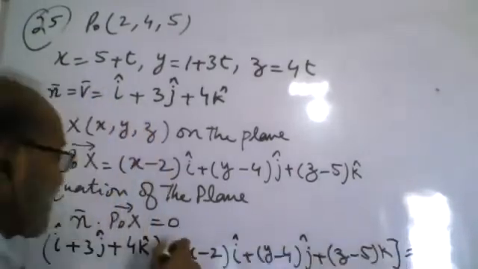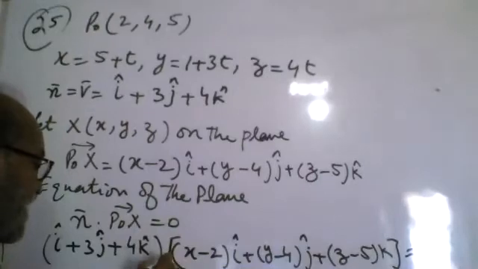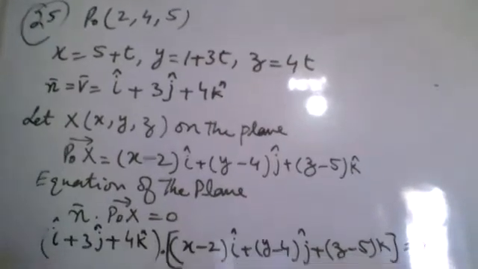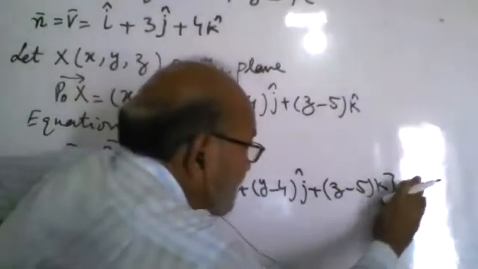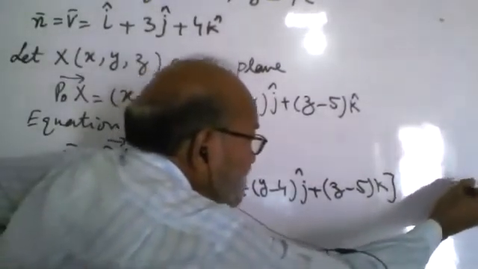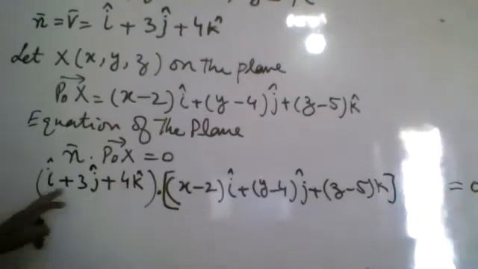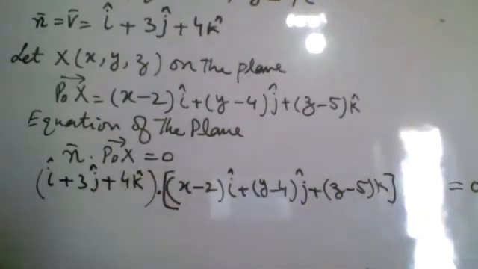We take the dot product: i is multiplied with i, j with j, k with k.